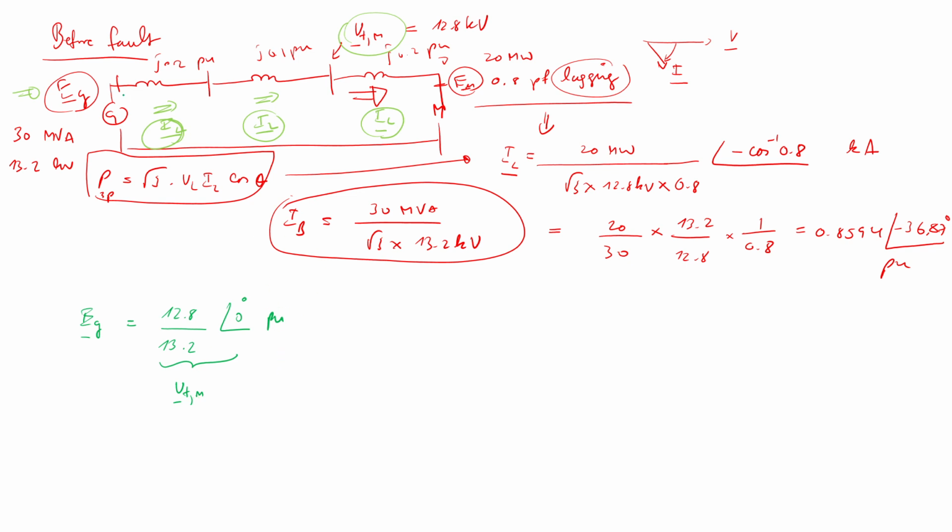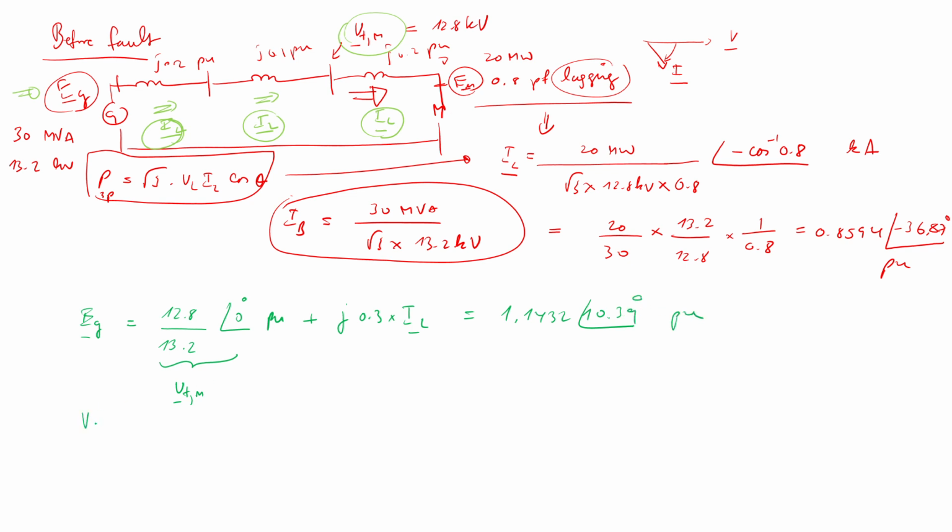Of course, EG must be higher, so you have to add the voltage drop across these two reactances, so they have j0.3 times the current IL, right? So this is the EG, okay? Your EG here would be 1.1432 with an angle of 10.39, in PU.